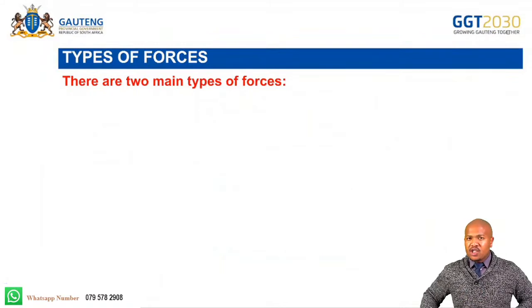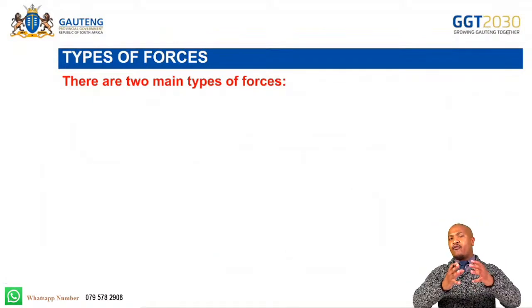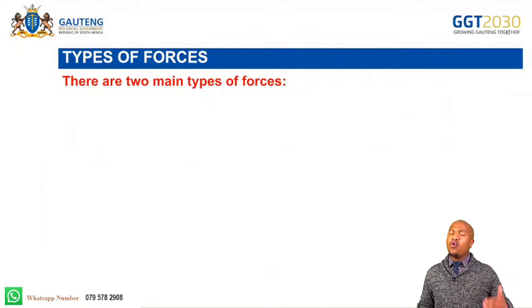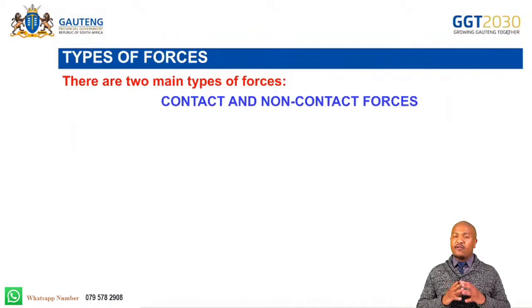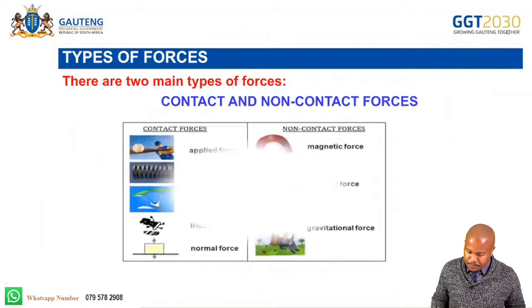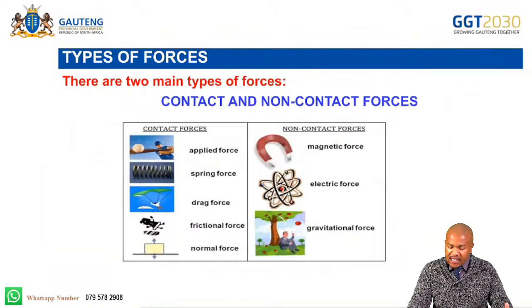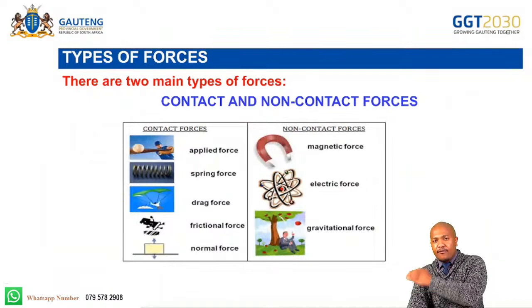Right. So now we are getting to the types of forces that we're going to discuss for today. There are two main types of forces under this topic. These two types of forces are contact and non-contact forces.